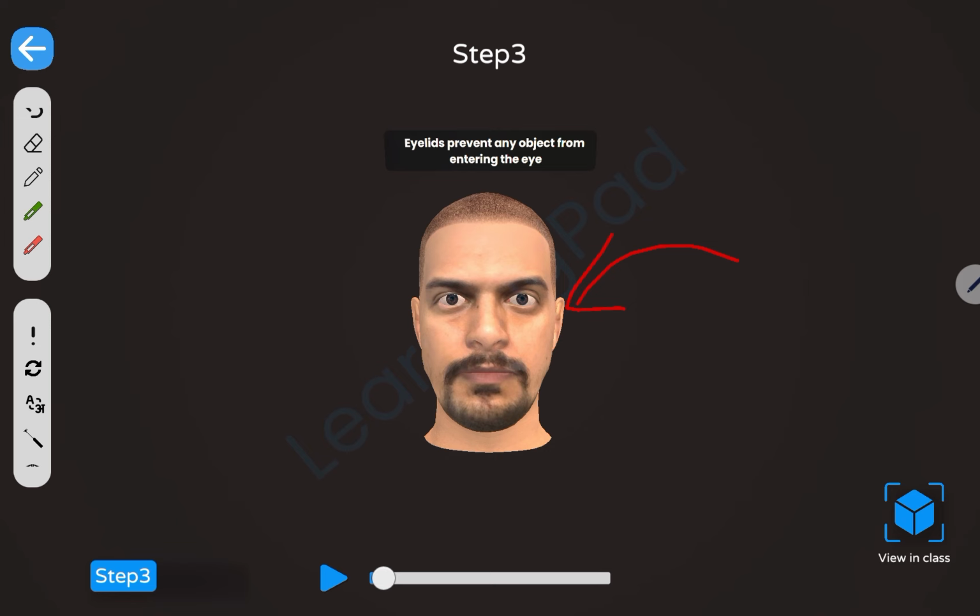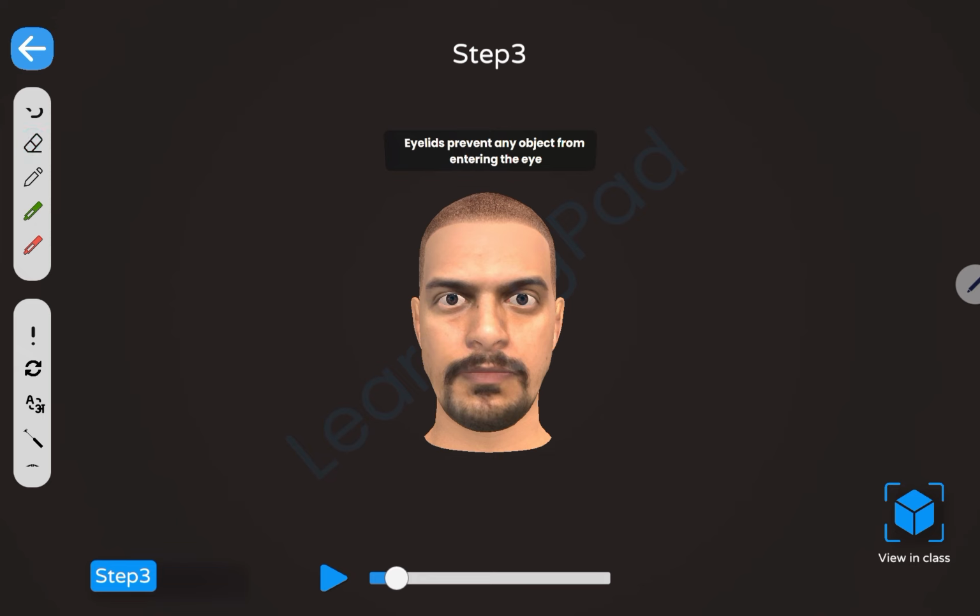Eyelids also shut whenever the light rays are very intense and not required. So eyelids basically protect our eyes.